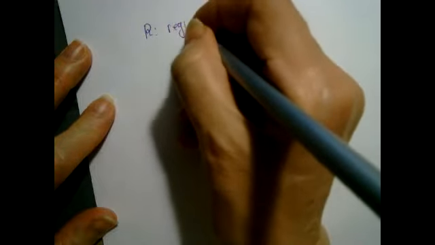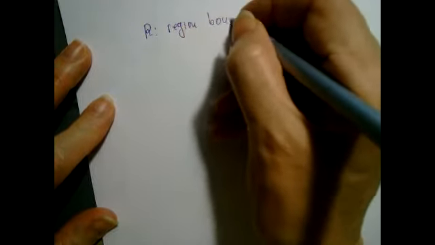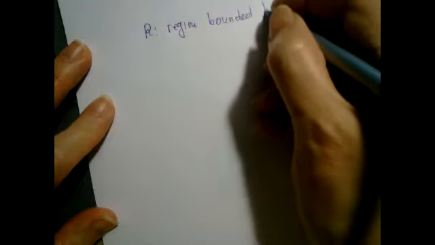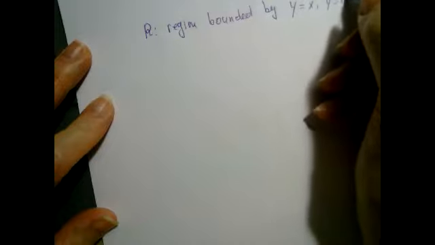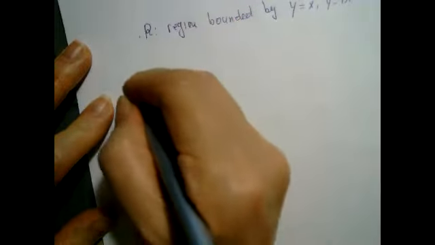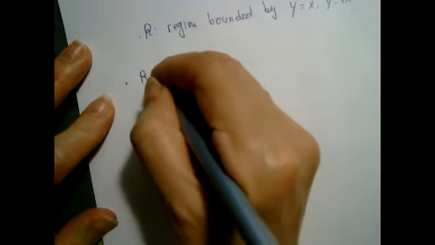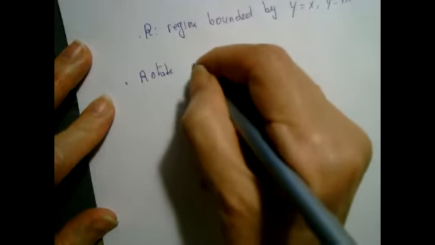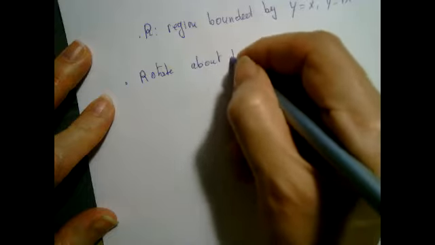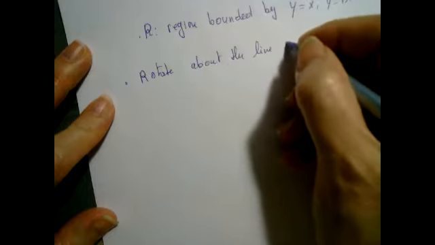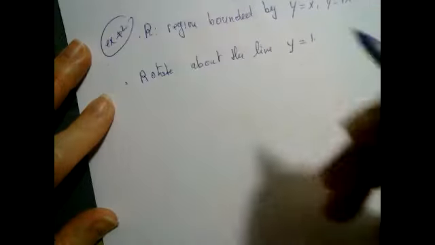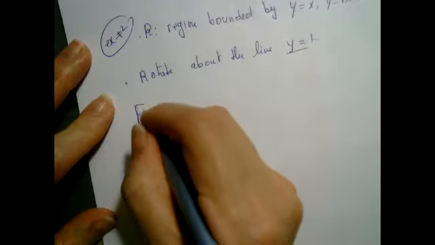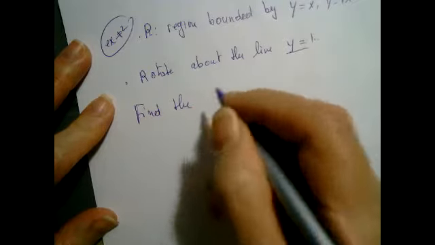R, again, the region bounded by the same thing, y equals x squared, y equals root x. And then we're going to rotate about the line y equals 1. So example number 2. And the question is, find the volume of the solid obtained.